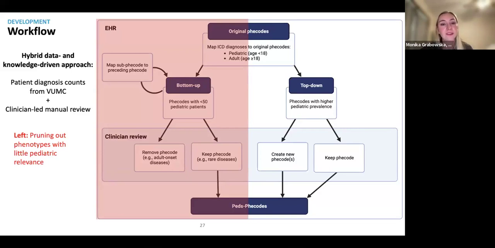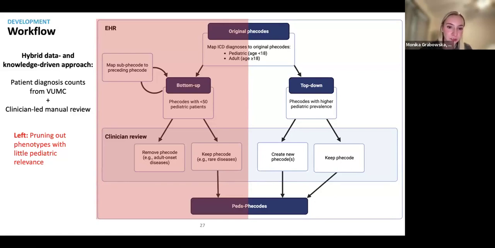Again, since the phe codes exist as a hierarchy, we needed to condense the phe codes as much as possible. And so we mapped phe codes up as high as they would go until they were no longer low pediatric count phe codes, and then looked at our remaining low count assortment.